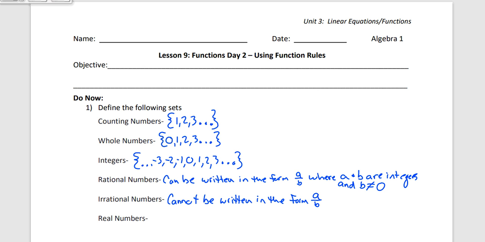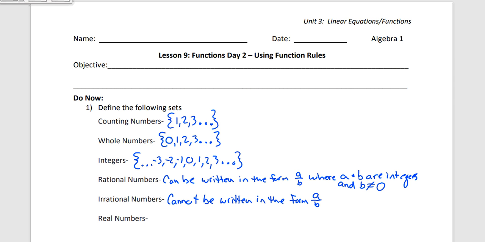It's the number pi, right? Sometimes we see it in its decimal form, and it's like a rounded decimal form. Some people say pi is 3.14. That's an incorrect statement. Pi is approximately 3.14. The digits in pi actually go on forever.